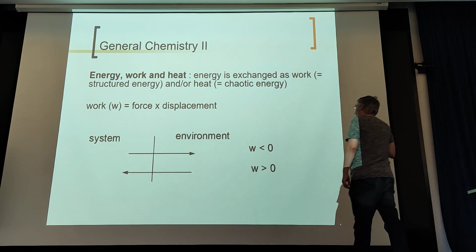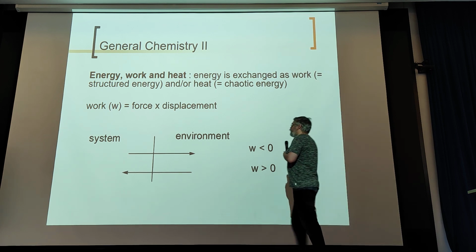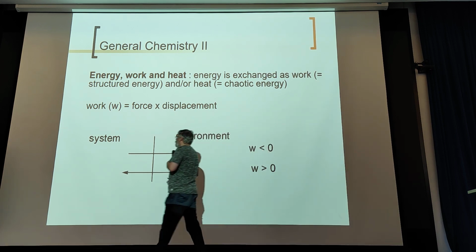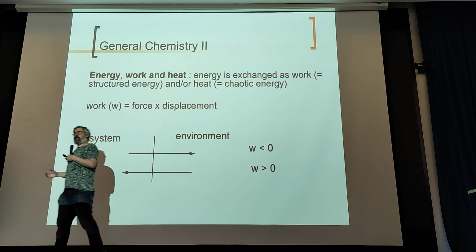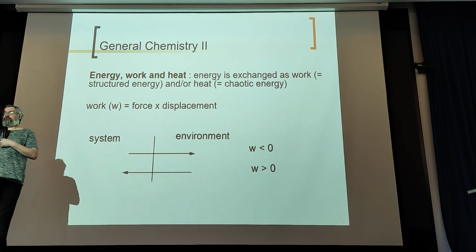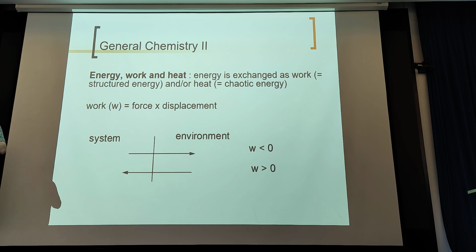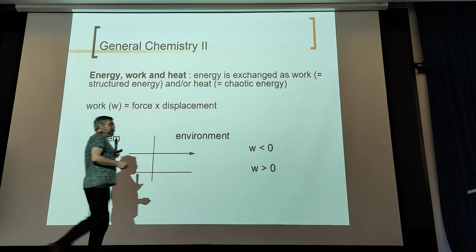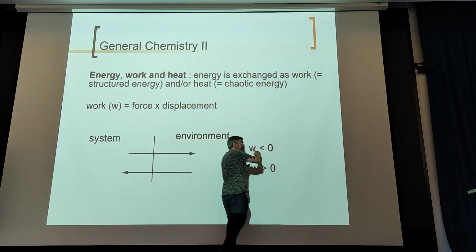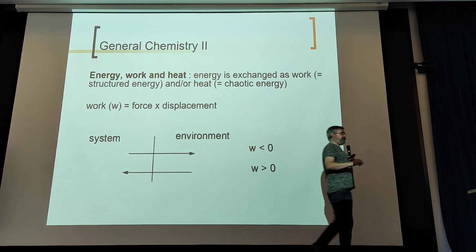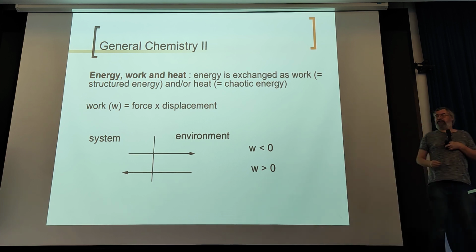So it might be that, for instance, the system is delivering work onto the environment. For instance, a gas is expanding. If the system delivers work, that means the system loses energy. That means the sign of this energy is minus. So it's a negative energy because you're losing it.